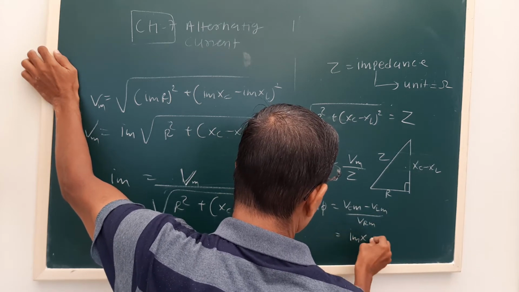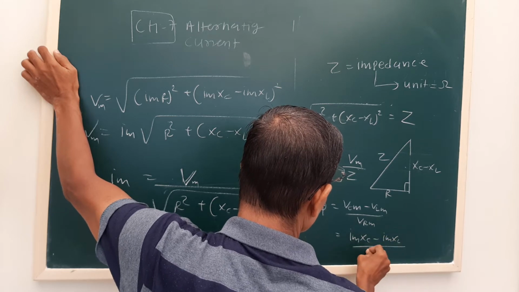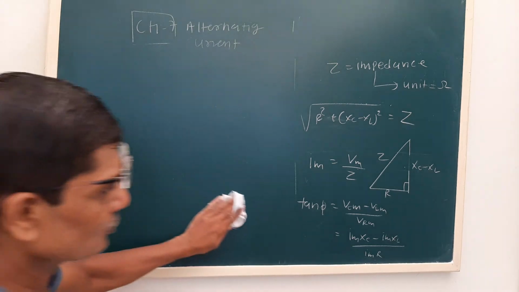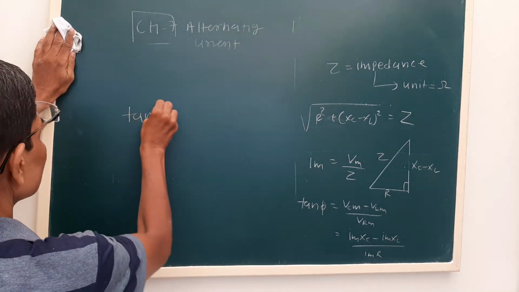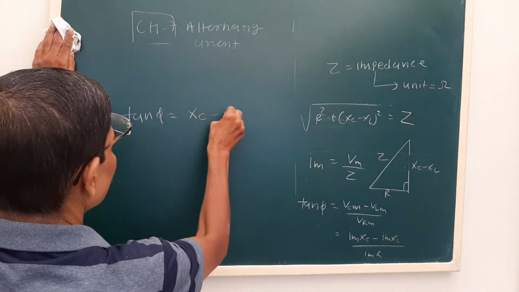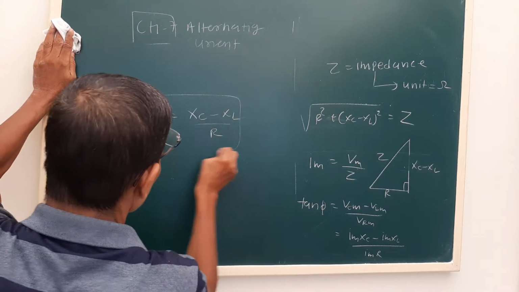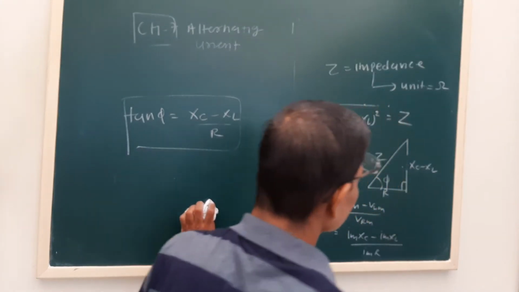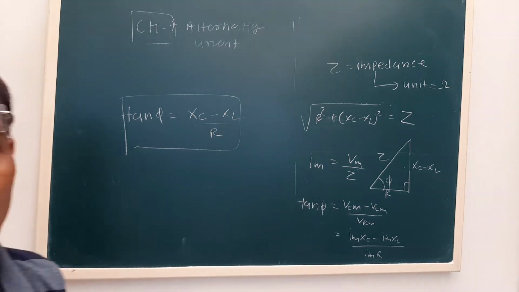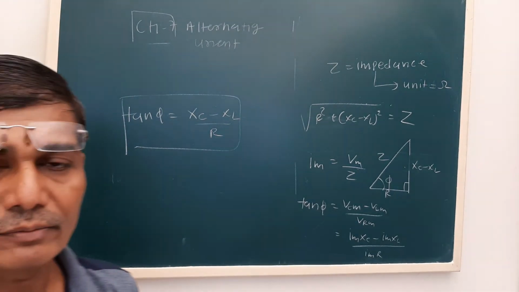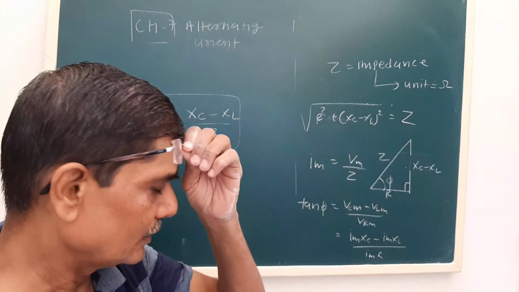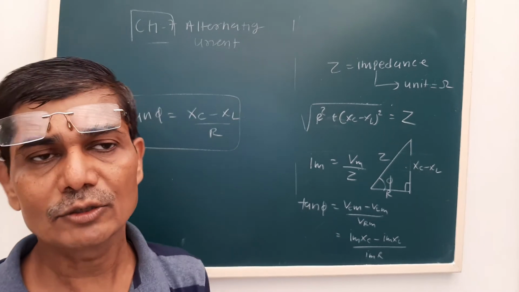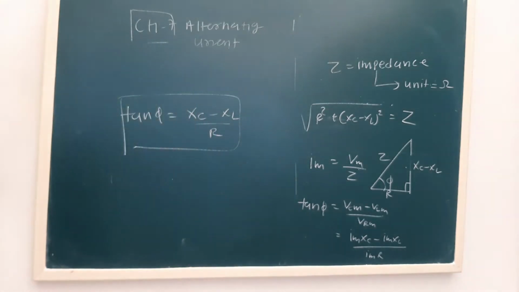So Im into XC, Im into XL, Im into R. Im is common, so tan phi will become (XC minus XL) by R. Phi shows the phase difference that we have denoted as shown in the figure. So this is about the AC circuit comprising resistor, inductor and capacitor by the phasor method. This can be asked in a 2-mark question. It is an important one.